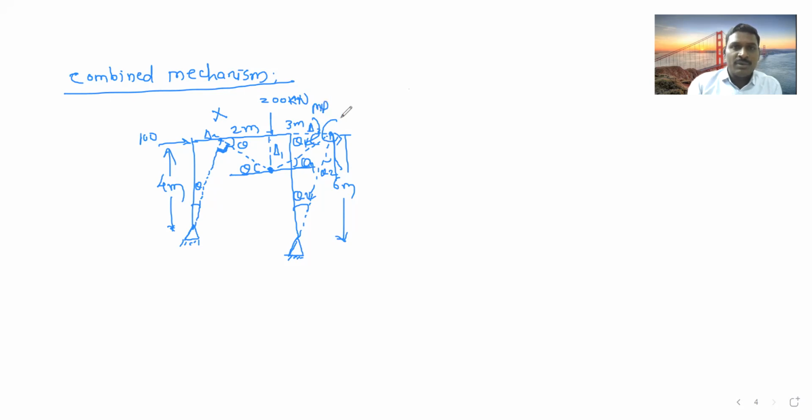So here two movements will be there, movement for beam and movement for column, both will be present here. Then again, here also movement will be there, and here also, because at this point for segment 1 and segment 2 there will be two movements.